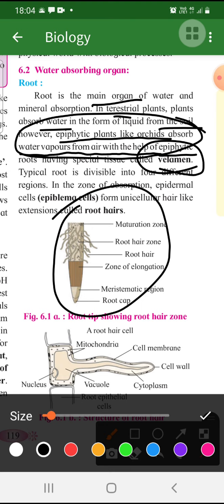So question can come directly. Draw the structure of root showing different zones. Okay. So please make sure you draw this diagram. This is a question. Draw the structure of root tip showing different root hair zones. Okay. So you can draw this.